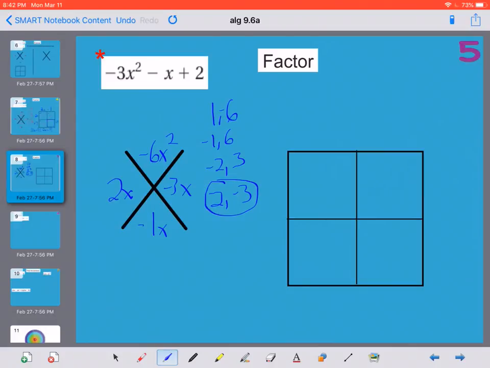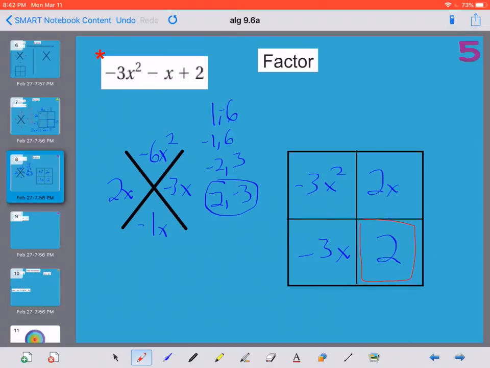Ax squared goes in the top left, so negative 3x squared. Then we're going to have 2x and negative 3x. And finally, our c, or 2, goes in the last box. Alright, so let's look at our 2.